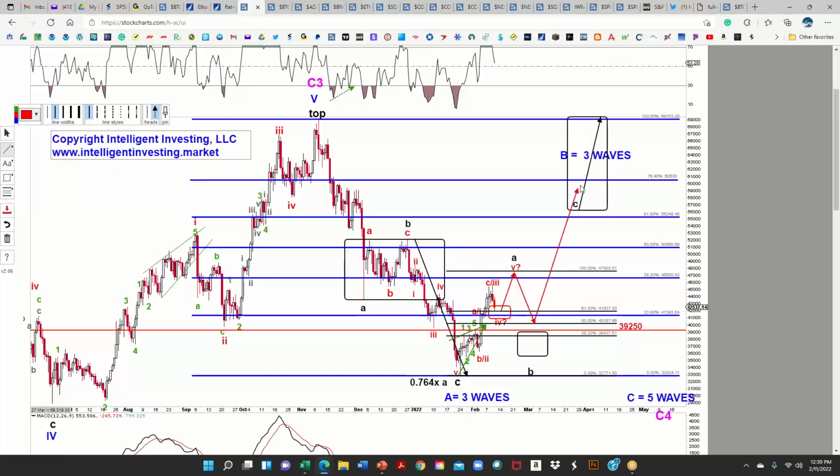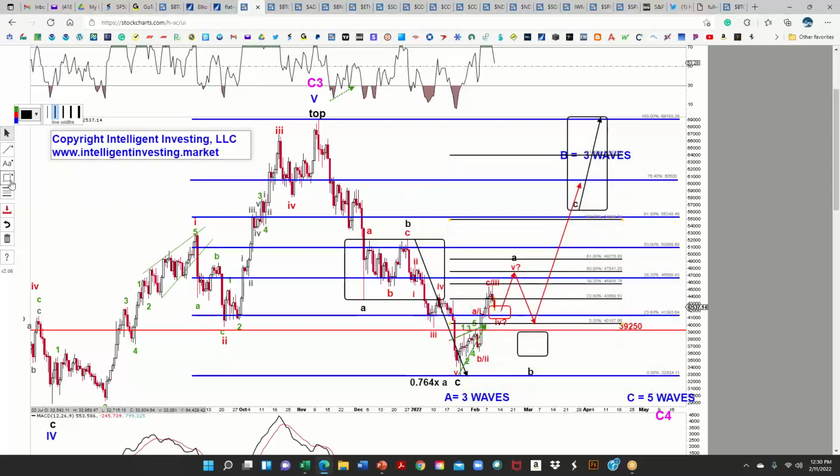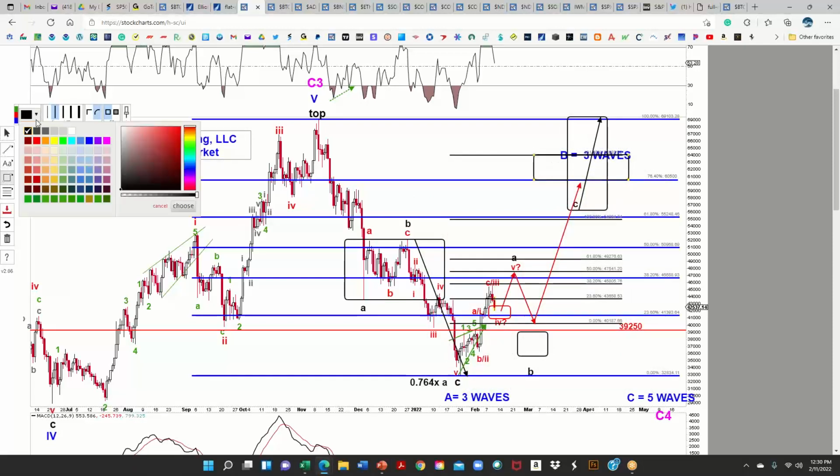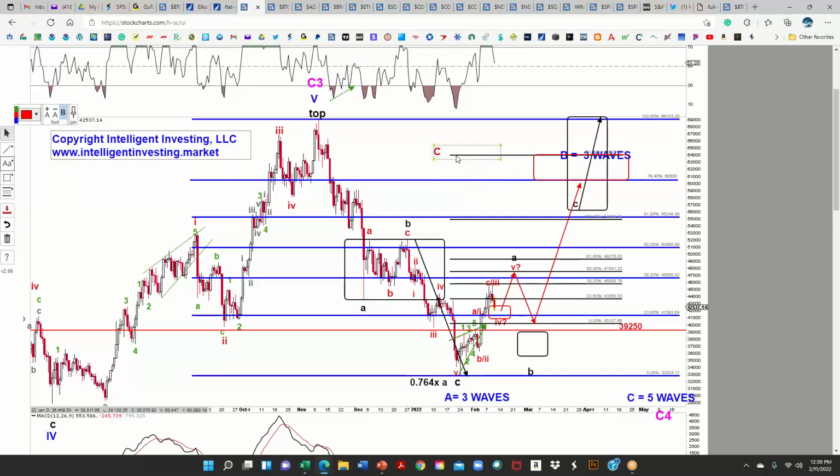So that is that pattern. Let me do that in red for you. Then we have a nice distinction, and we should bottom somewhere here. And we should probably target, I would say, something like this in red. Okay, so that should then be wave C.